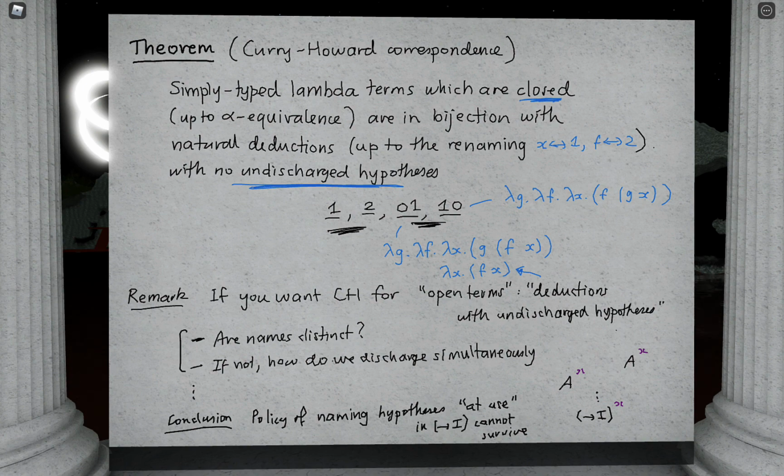You could take the attitude that any term that's open, for example this one here, I can always close by sticking a lambda abstraction at the front. And then that is subject to the ordinary Curry-Howard correspondence, no problem. And similarly, if I have natural deductions with undischarged hypotheses, at the bottom I can just discharge all the hypotheses, which corresponds exactly to just closing off the term.